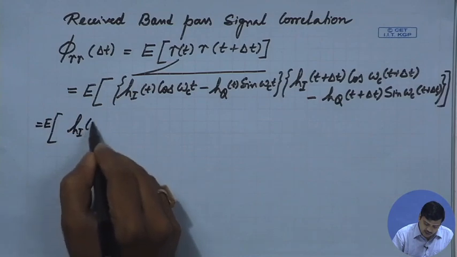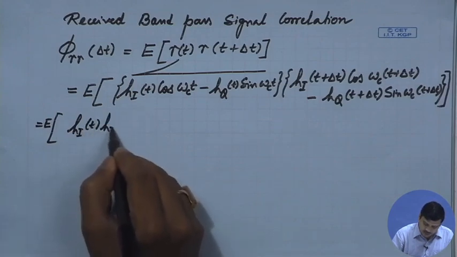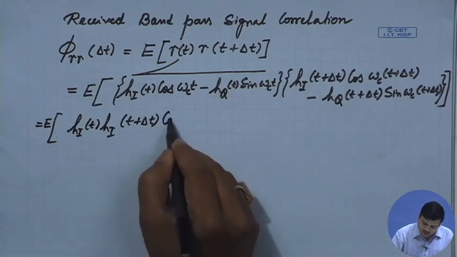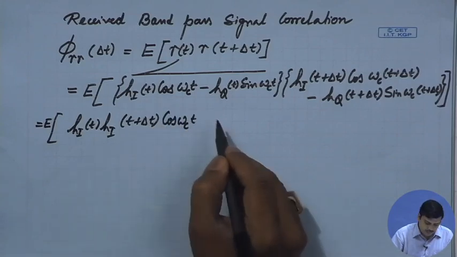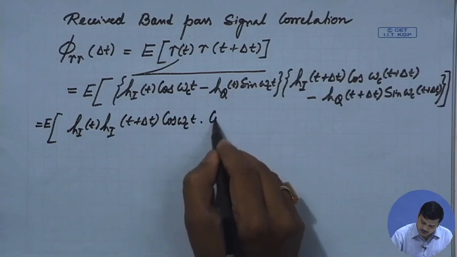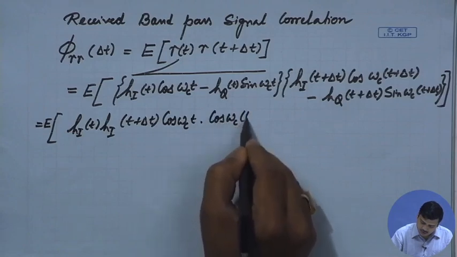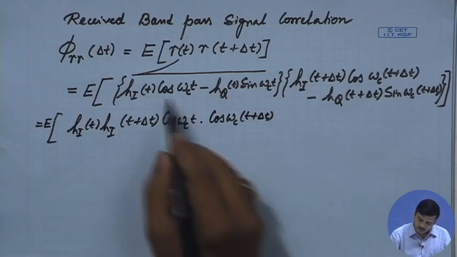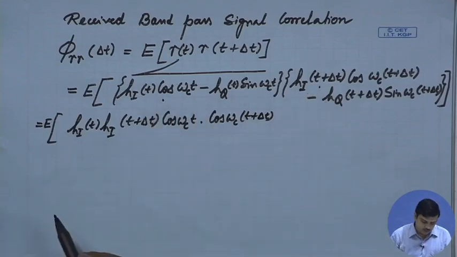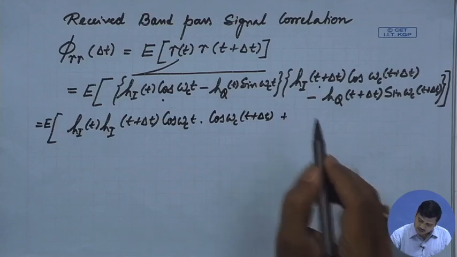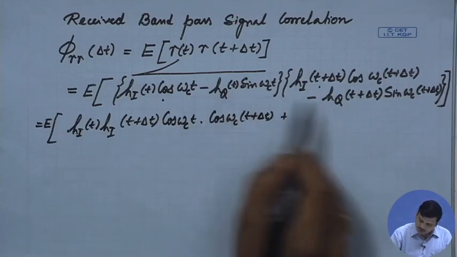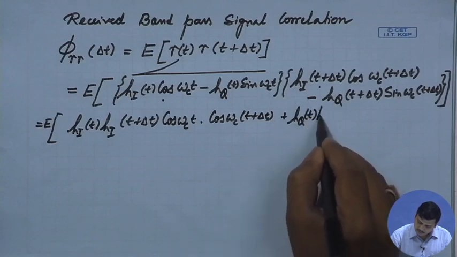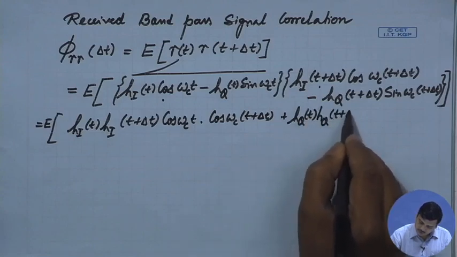We have h I of t times h I of t plus delta t, cos of omega c t times cos omega c t plus delta t. That means we have taken these two products, plus we now have h q of t times h q of t plus delta t.